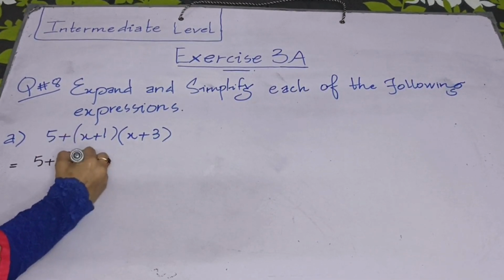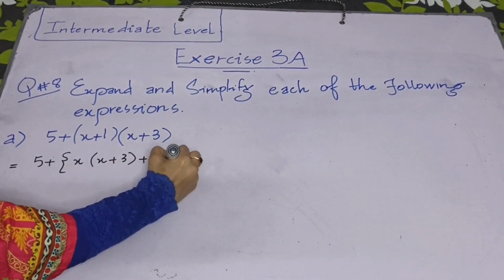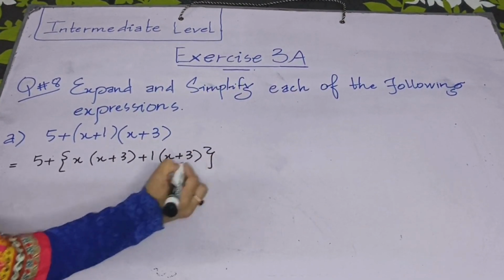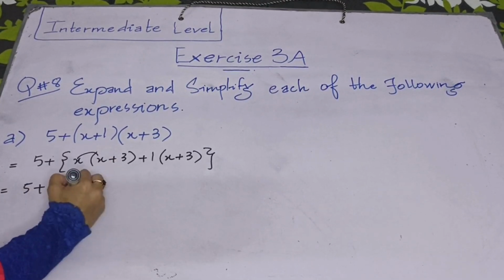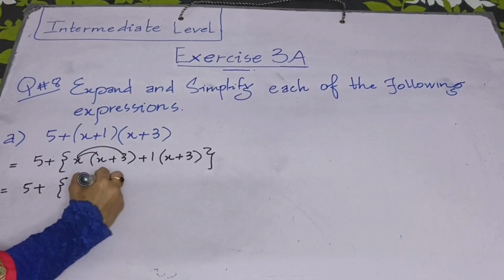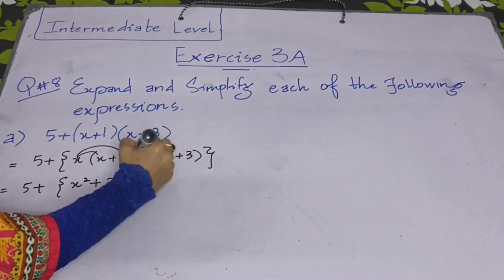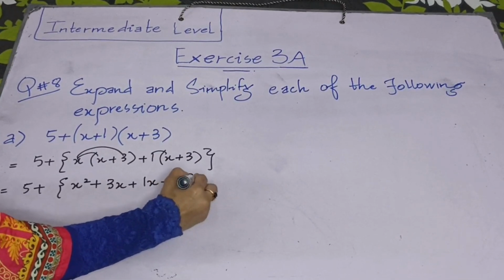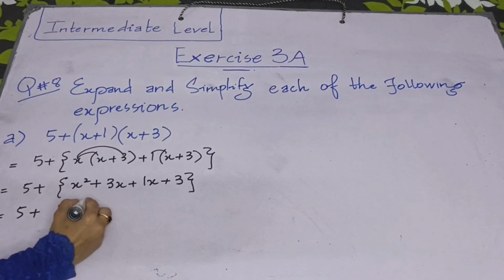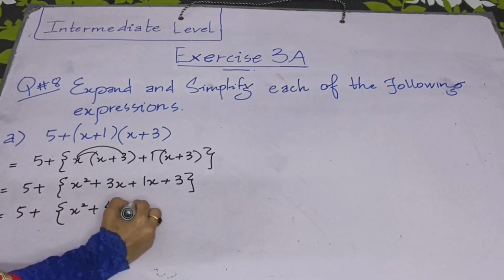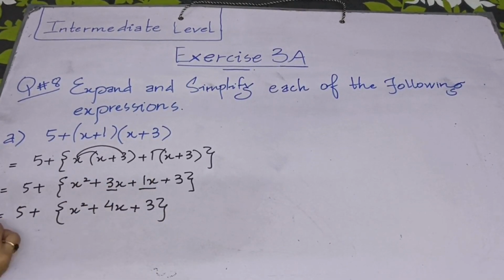Now we are going to take x plus 3 plus 1, x plus 3, bracket close. 5 plus x will be multiplied with x squared, x will be multiplied with 3x plus 1x, plus 3 times 1 is 3, bracket close. 5 plus x squared plus 4x plus 3, 1x and 3x are solved.